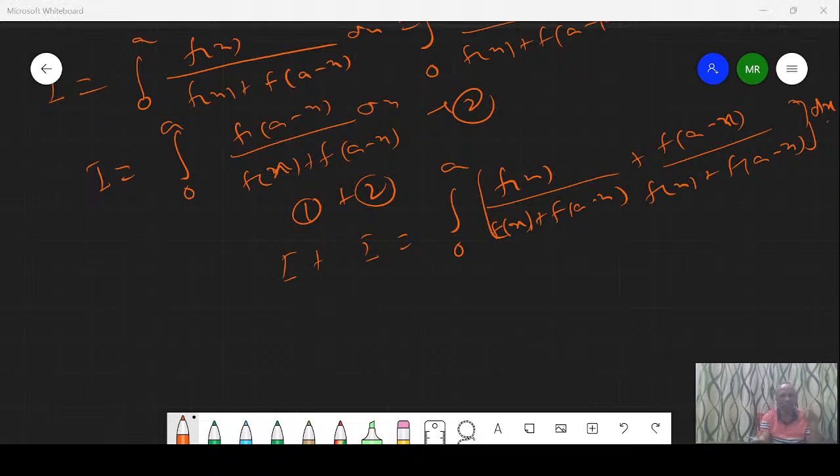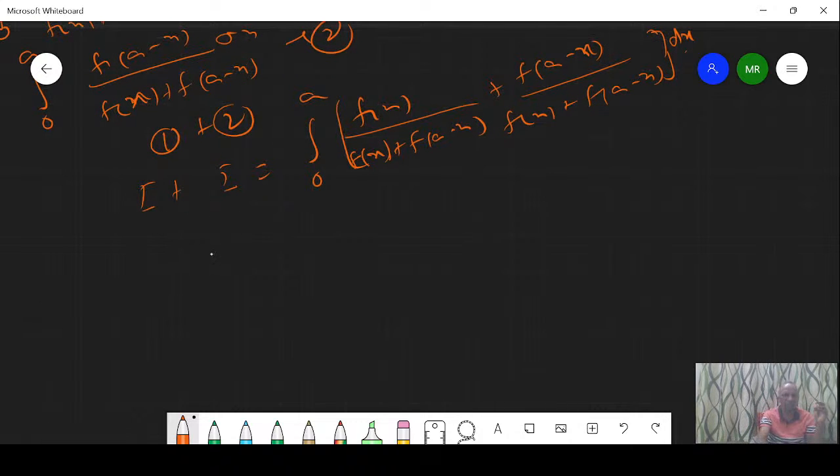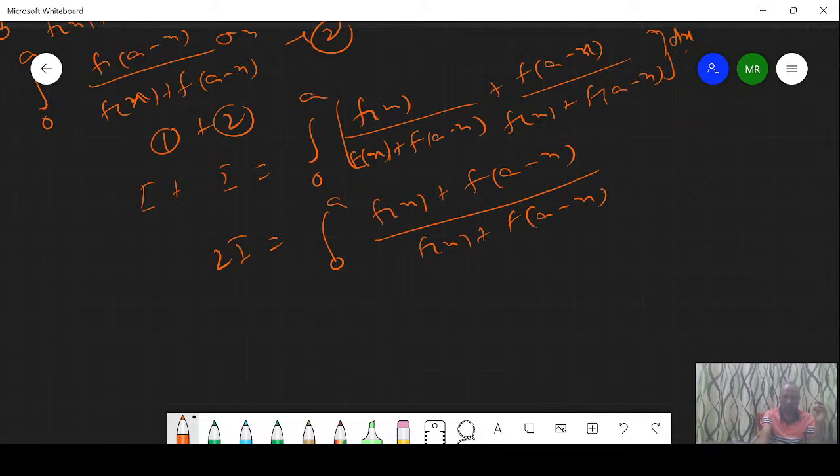This side will become 2I. So 2I is equal to integral 0 to a. I can add the numerators: f of x plus f of a minus x by f of x plus f of a minus x, dx. These two are the same, so this is equal to integral 0 to a, 1 dx.